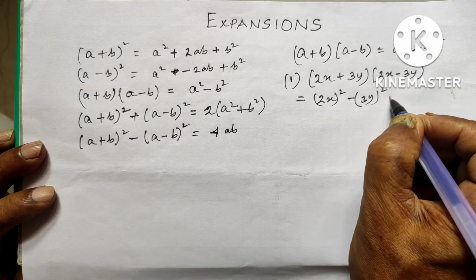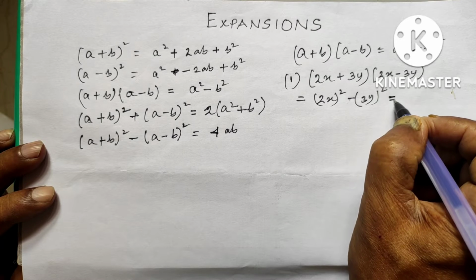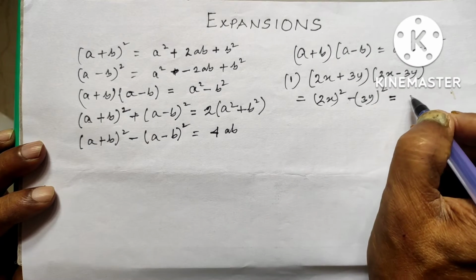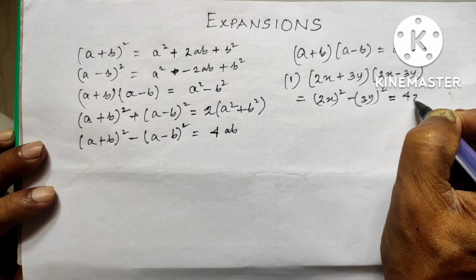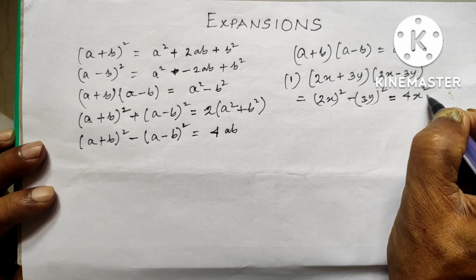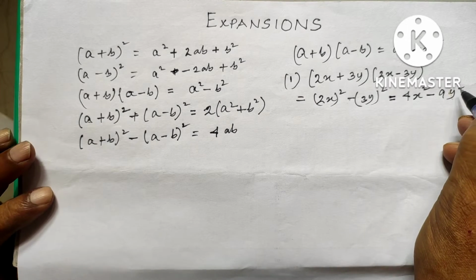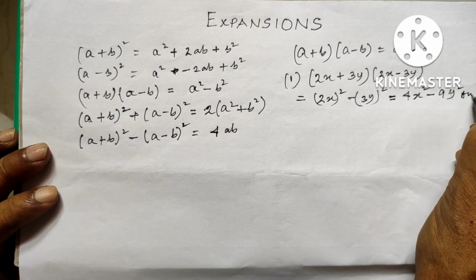So, what are you going to get? You have to work it out. So, 2 fours are 4x square and minus 9y square. That is your answer.